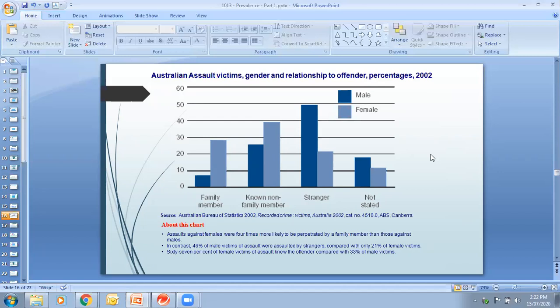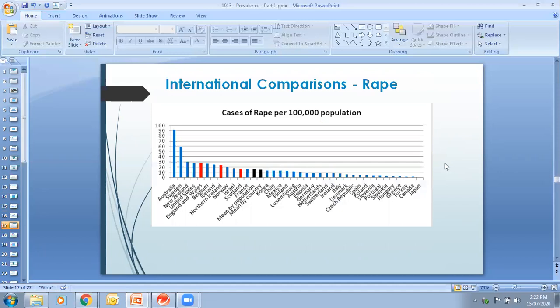Now let's look at international comparisons of rape. So wow, we're right up there. We're number one. Highest rates of rape per 100,000 in this group of countries. But again, we are missing all of those other countries that didn't report their statistics.